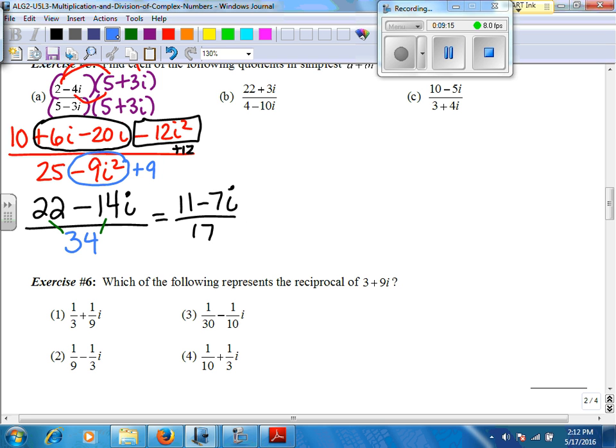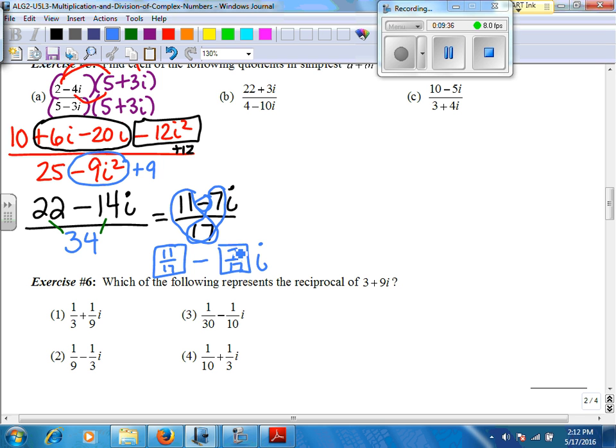But again, you've got to make sure you answer in a plus bi form. In this case, your a is 11 over 17. Little different here because our plus is not actually a plus, it's a minus. And then our b term, 7 over 17, i.